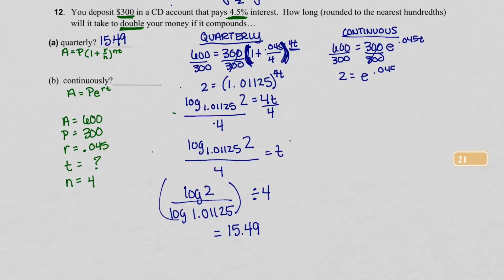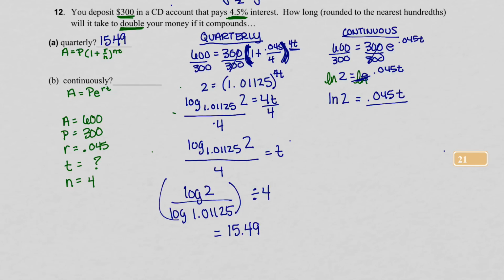But I come to a place much more quickly where I need to undo that exponent. Well, with an e, the way to undo an exponent is with the ln. So this cancels out and that moves down. So I have the natural log of 2 equals 0.045 times t.